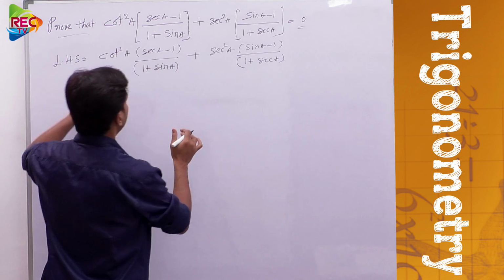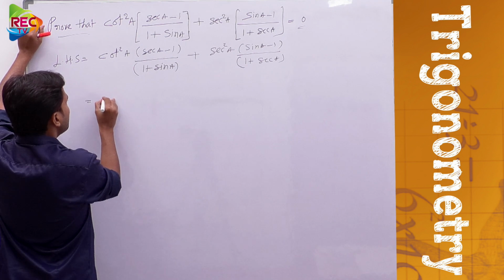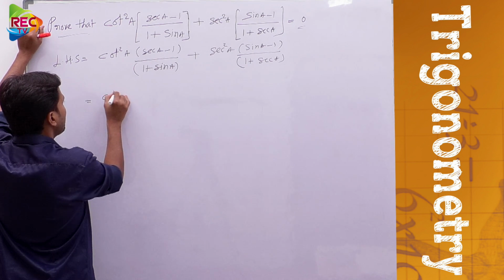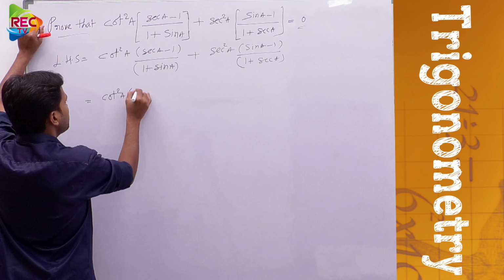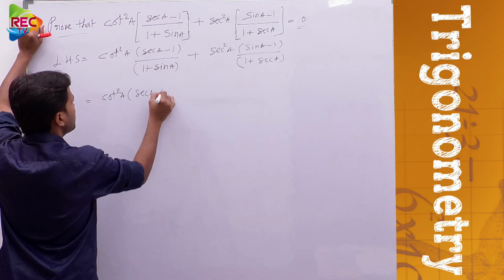So how to take the LCM? This is cot square A into secant A minus 1.